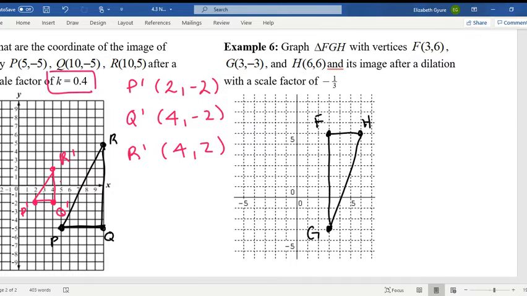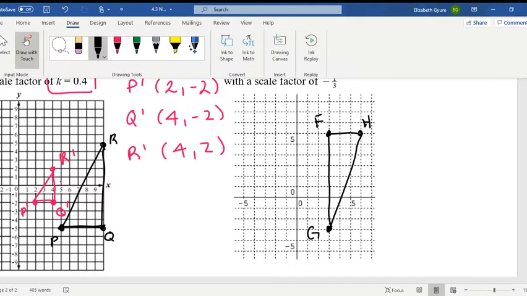Anyone notice? It's negative. And on the front, didn't we say that our scale factors aren't negative? Okay. That's because the negative part doesn't actually adjust the size of your shape. What ends up happening is it adjusts the position. It's actually going to flip your graph upside down. So when you have a negative scale factor, the negative part is just going to take your graph and flip it around.